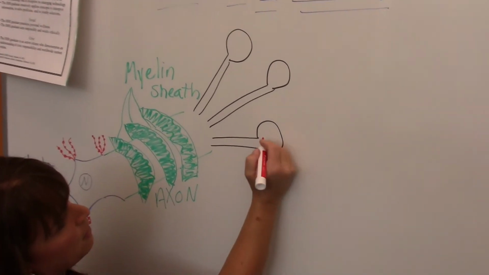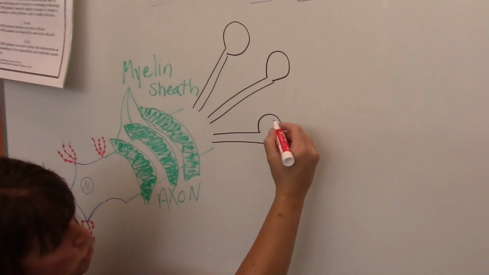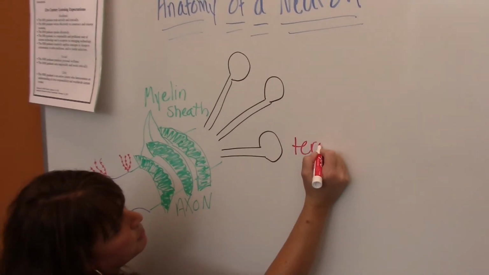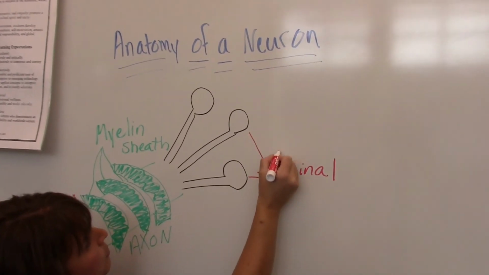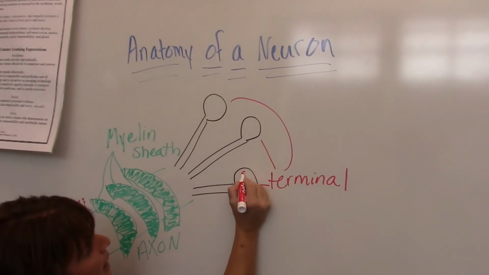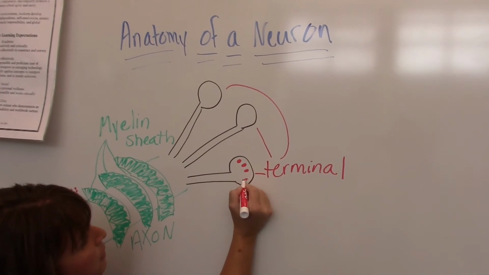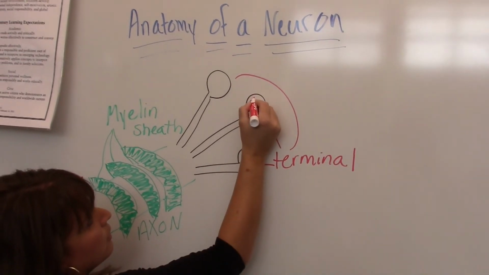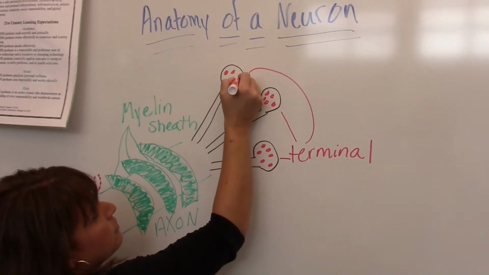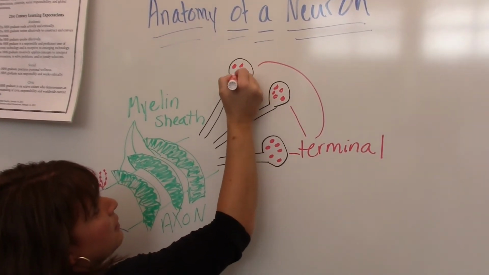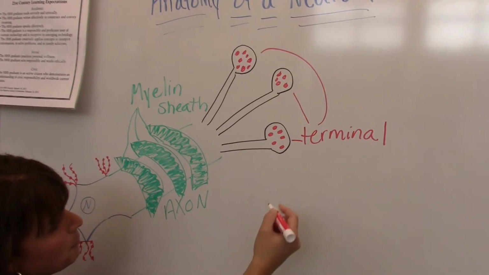So these are the terminals, these round pieces here, and there. And inside is where the neurotransmitter is kept. They sort of function like this, just hanging out in here until they are sent to the next neuron.